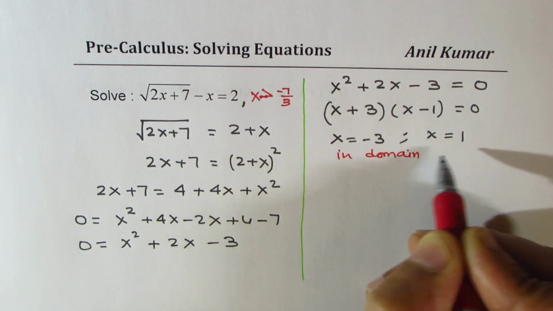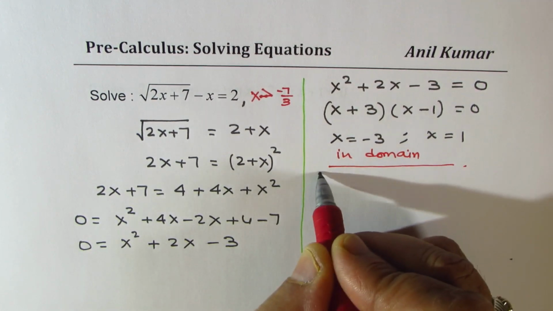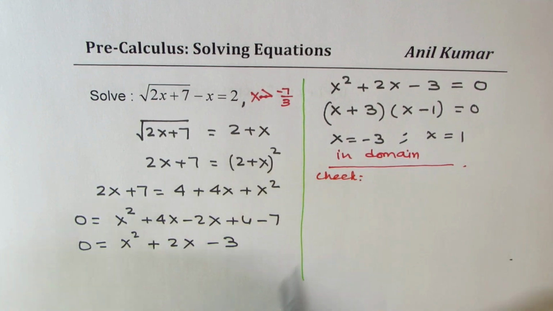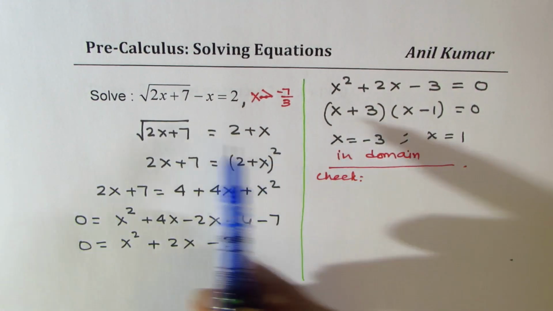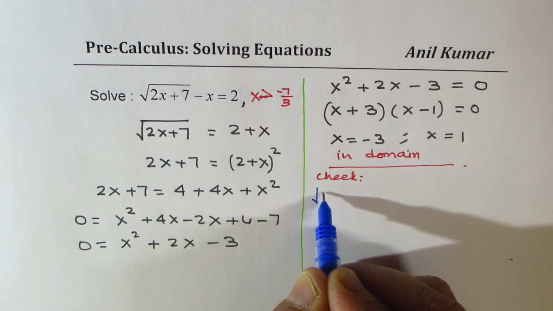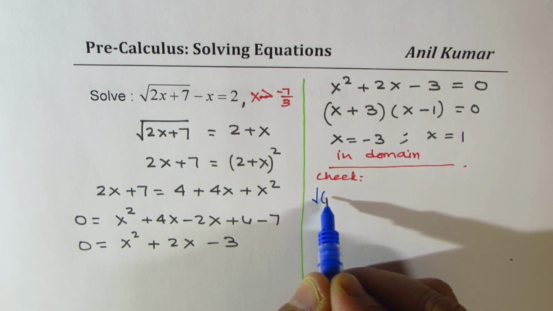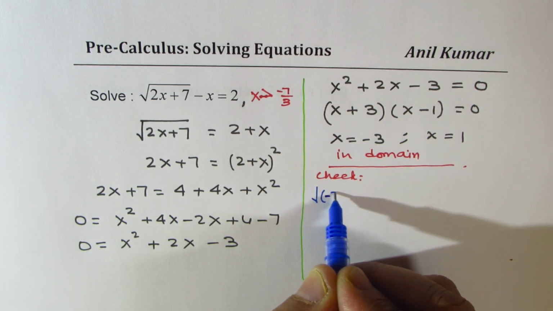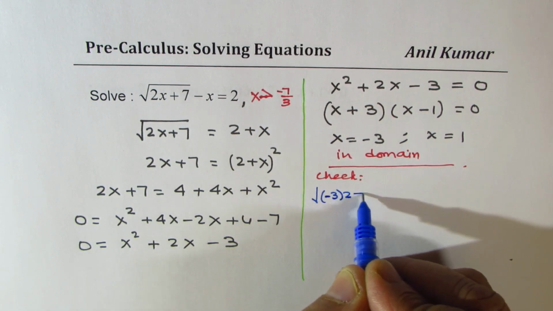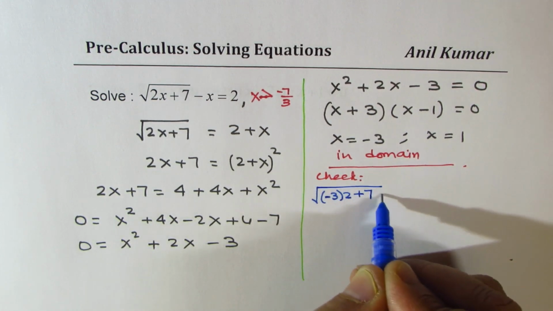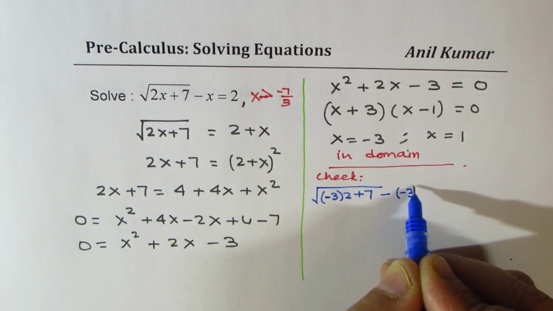So we expect them to be correct. But let us check. If you check, what do you get? If I substitute minus 3 here, we get square root of, let me write, minus 3 times 2 plus 7.